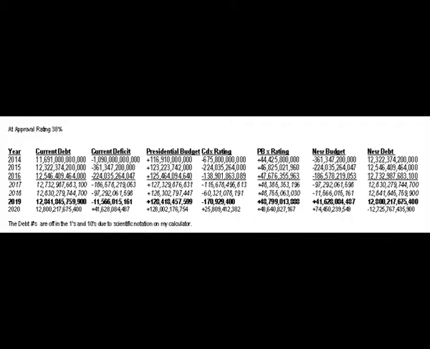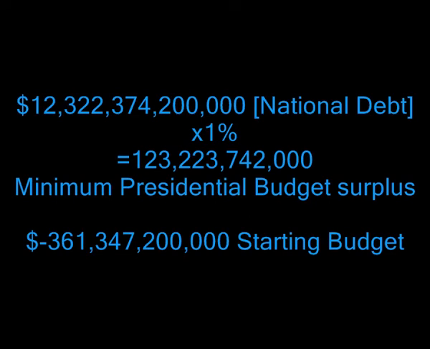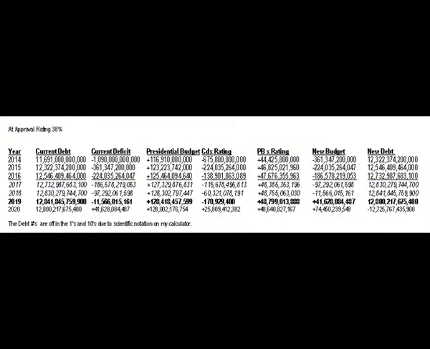In year 2, we start with the $12.3 trillion debt from the last year and a budget deficit of $361 billion, again from last year. Under these requirements, the President has to propose the 1% of debt in a surplus budget, in this case, $123 billion.